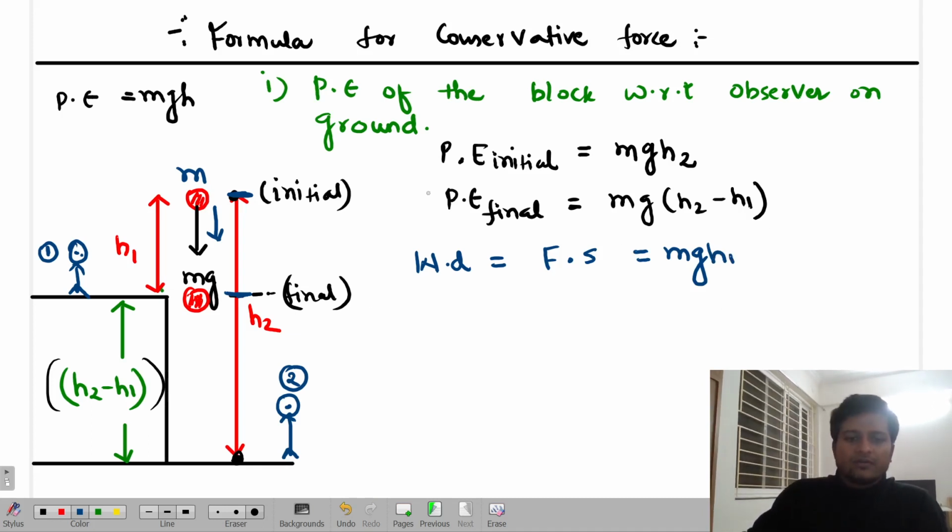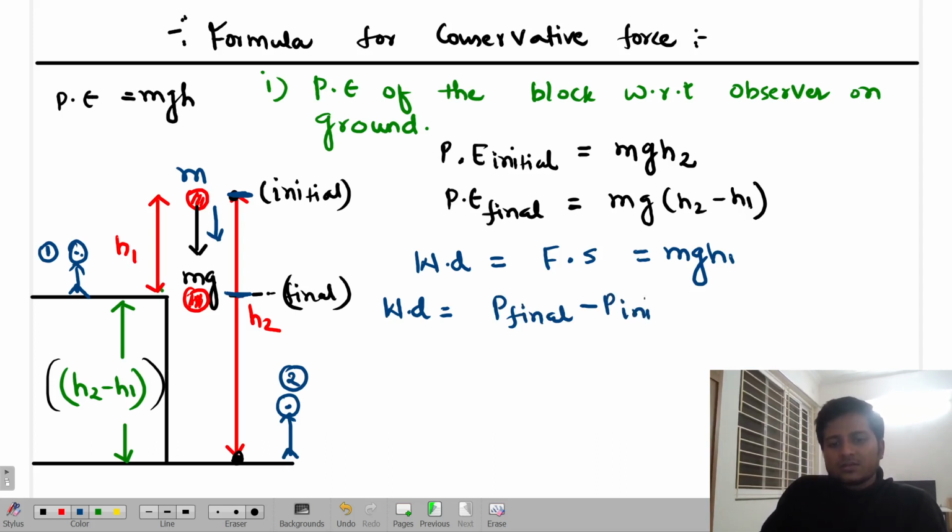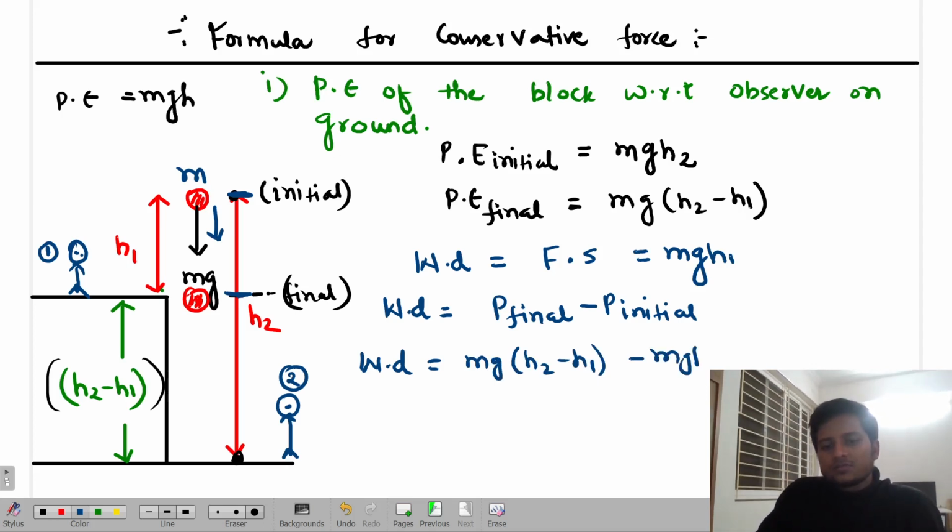Now look over here. If I write work done according to that relation as potential energy final minus potential energy initial, then what do I get? That is mg into (h2 minus h1) minus mgh2. But what is that?